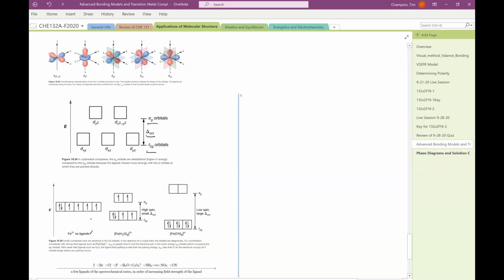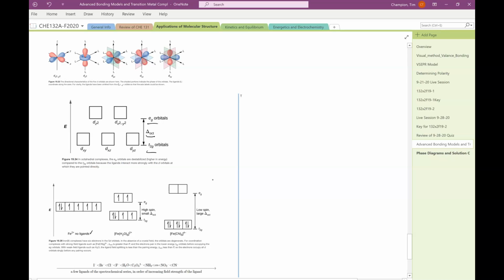If I have a complex of iron 2+ with 6 water molecules, then they split a little bit. But if I go all the way to iron 2+ with 6 cyanides, they split a whole lot more.